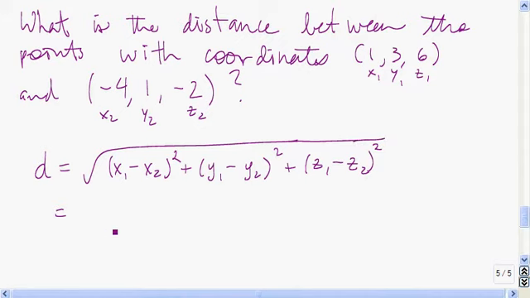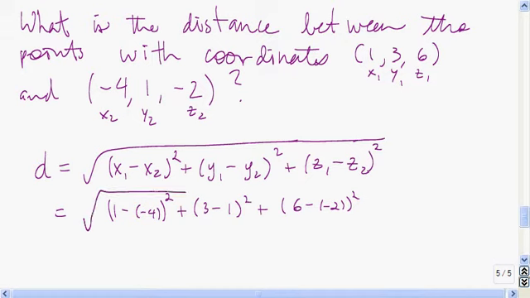So for this particular example, underneath the radical I have 1 minus negative 4 squared plus 3 minus 1 squared plus 6 minus negative 2 squared, and I have the square root of all that.